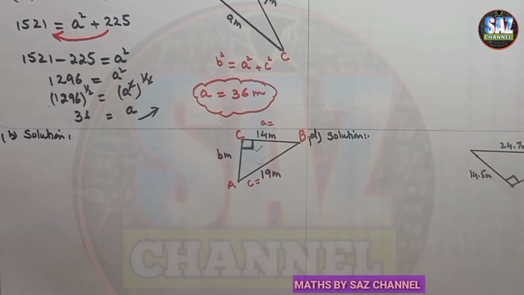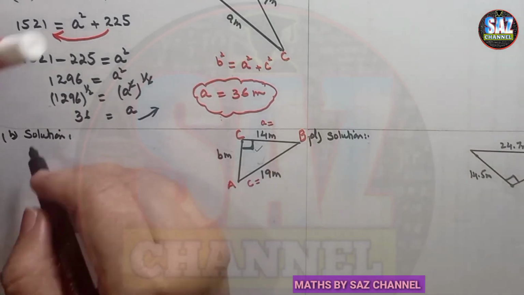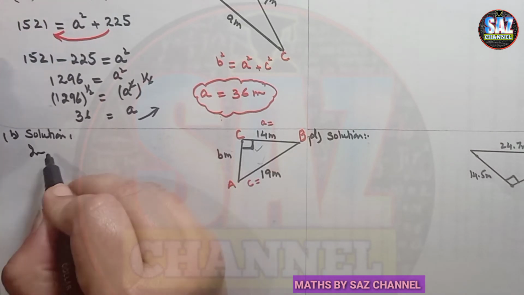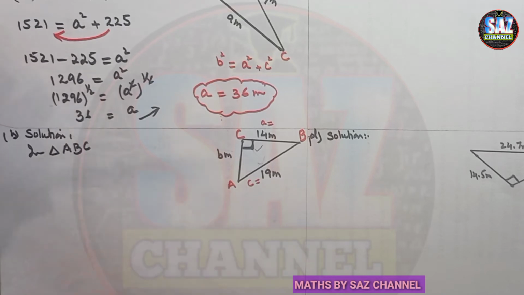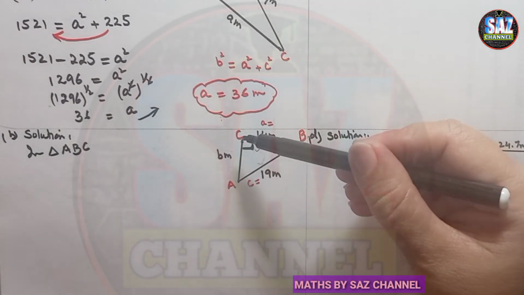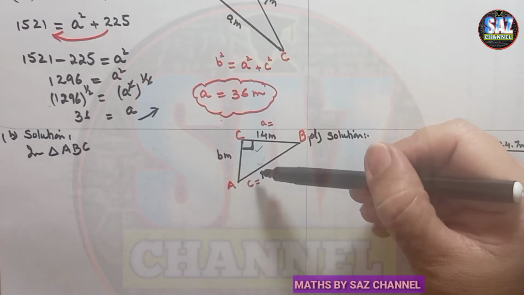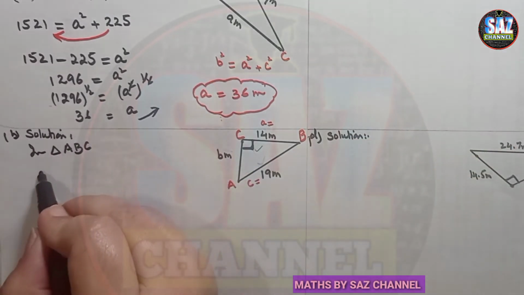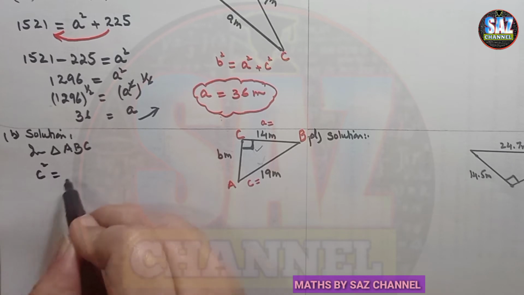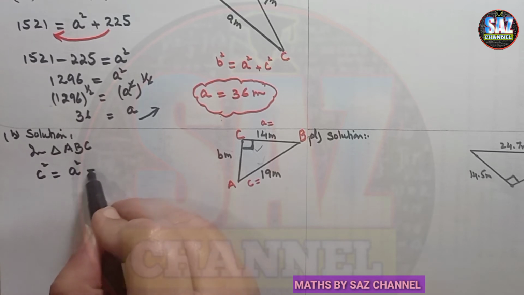So according to Pythagoras theorem, in triangle ABC, how to write the Pythagorean equation? Because C is the hypotenuse, C square will be equal to A square plus B square.